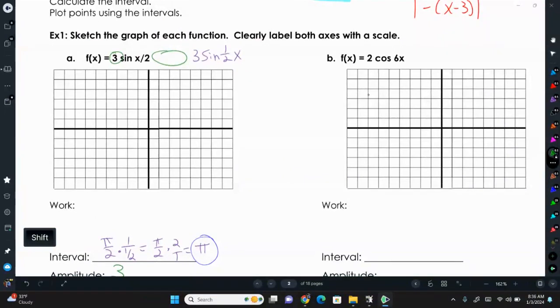So what I like to do is label my axes. So this is going to be 3, negative 3. We're going to have pi, 2 pi, 3 pi, and 4 pi, and then negative pi, negative 2 pi. And we're not going to label all of these.